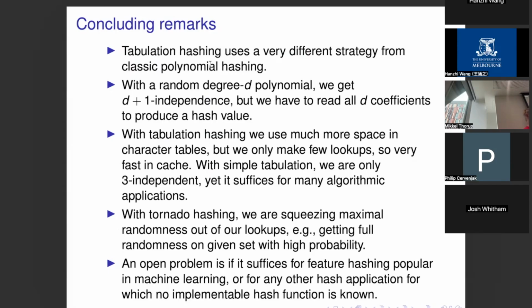And now we know. And for example, feature hashing would be an obvious candidate for something to work. But I think for most applications, I've convinced many people to just use this tornado hashing for anything where they need something random, because I don't really know anything where it doesn't work. But it's not too easy to prove. So that's it.